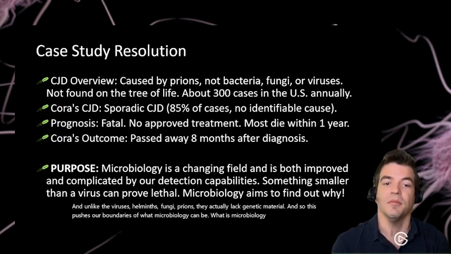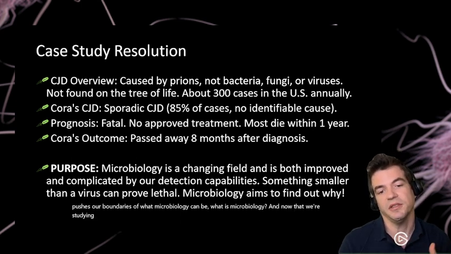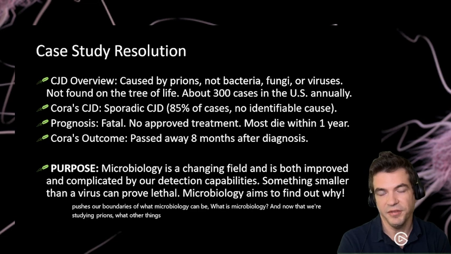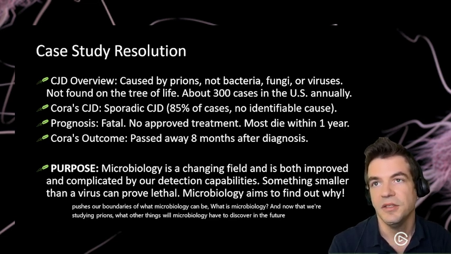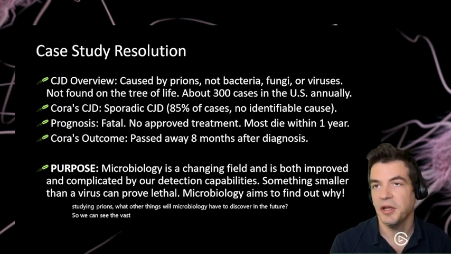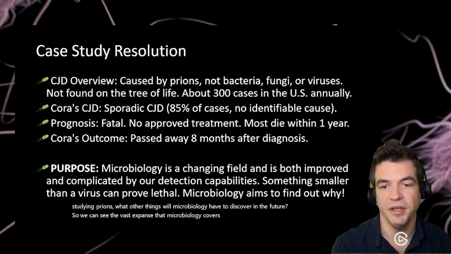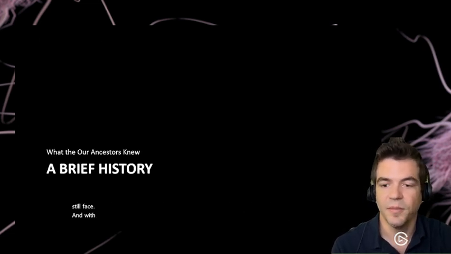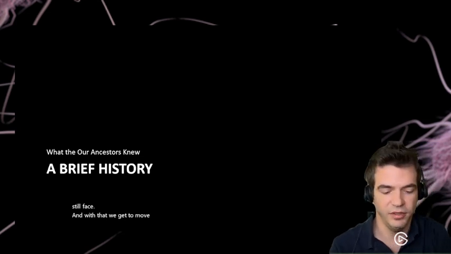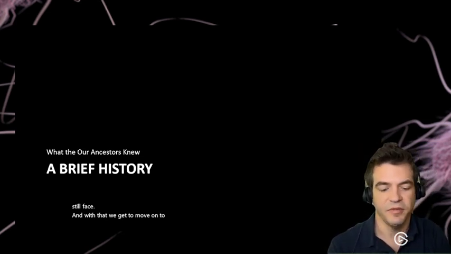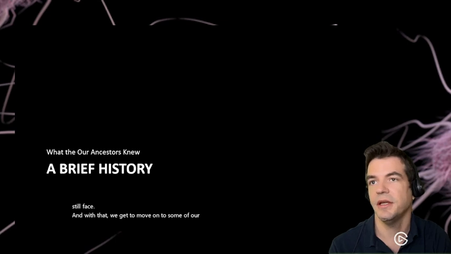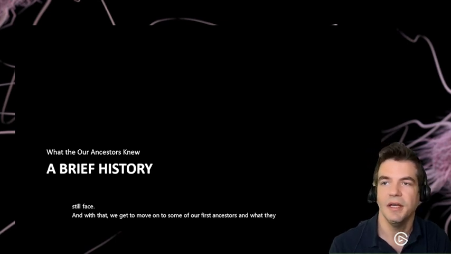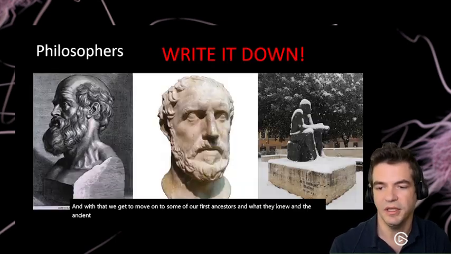And now that we're studying prions, what other things will microbiology have to discover in the future? So we can see the vast expanse that microbiology covers and many of the unknowns that we'll still face. And with that, we get to move on to some of our first ancestors and what they knew and the ancient contributions that they made.